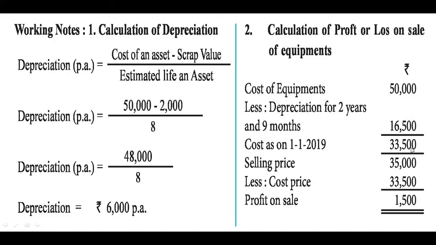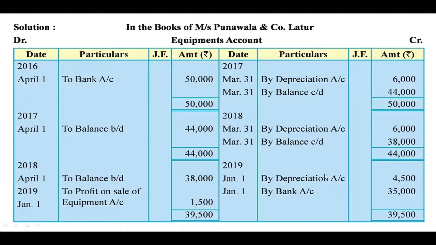But then the equipment is sold for 35,000. See, the selling price is higher than the written down value. When the selling price is higher than the written down value, there is a profit on sale of the asset. Then here the profit is recorded on the debit side, because profit is the nominal account, it is the gain for the business, and the journal entry is equipment account debit to profit on sale.